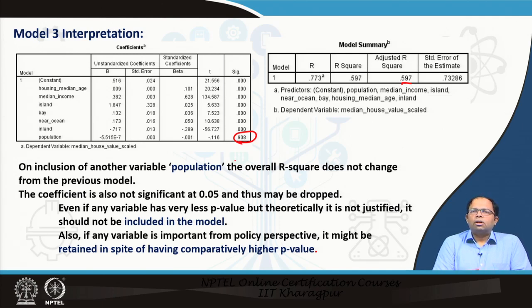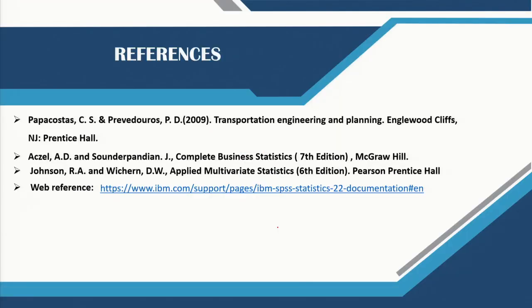Even though it is not significant, we may include it because maybe in another data set, when we apply this regression, it would be very significant. So, that is how we develop a regression model, and as you have seen, we can have different versions of the same model. These are some of the references you can use.